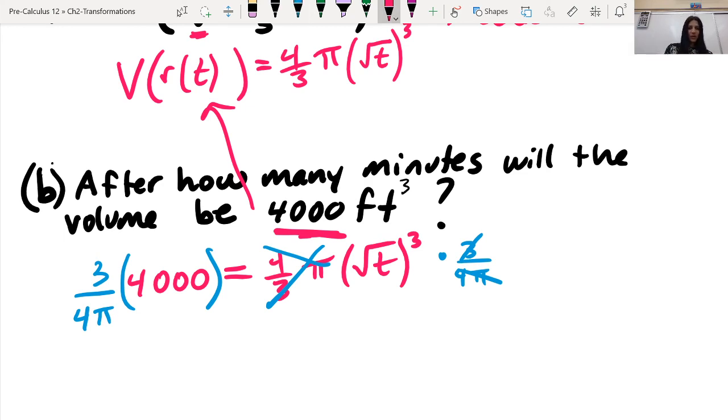So what we would end up getting down here on the right side is I would only have root t cubed left on that side. Now maybe a nice way to do this is 4 is going to go into there and leave me with a 1. So just to clean this up, I do suggest this, go through it step by step.